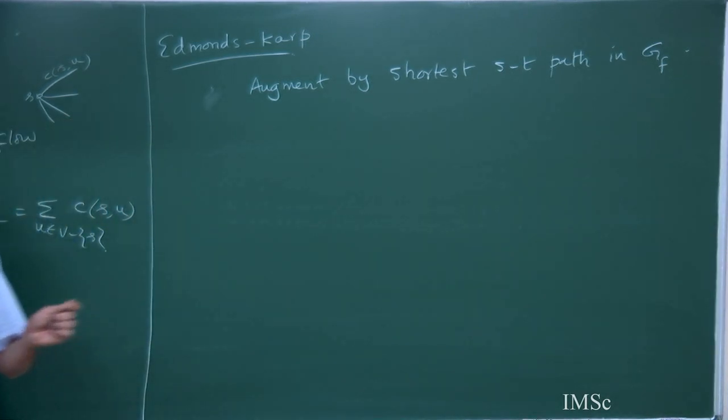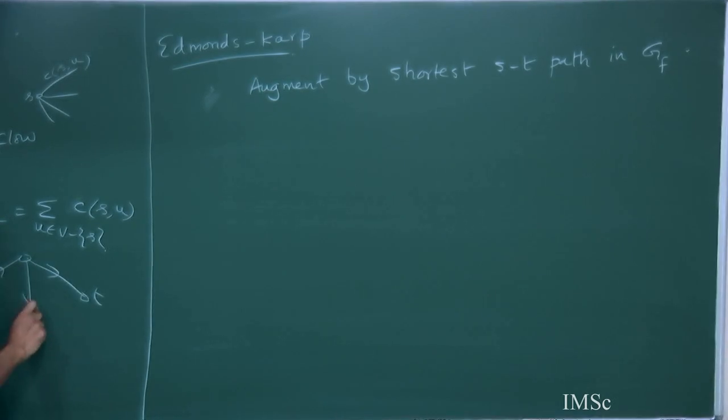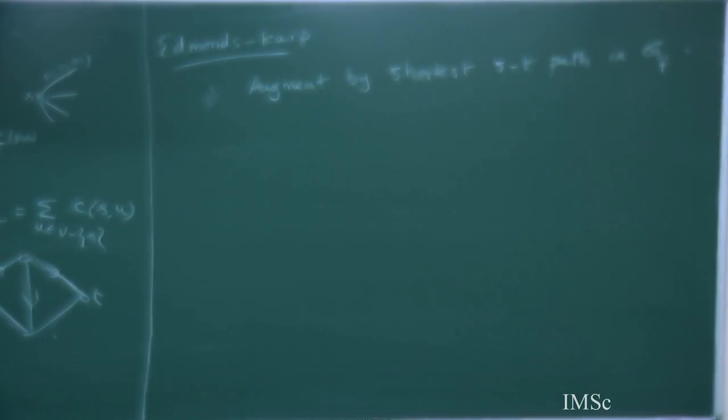So for example, the bad example I was telling you the other day, some large numbers here, and this may be 1. Your augmenting path can be all the time something like this. So you will send a flow of 1 here, take it out, 1 here, take it out, kind of thing. But if you look for a shortest path, you will augment this way, and at least this example goes away. So you will just do some 2 augmentations in this example.